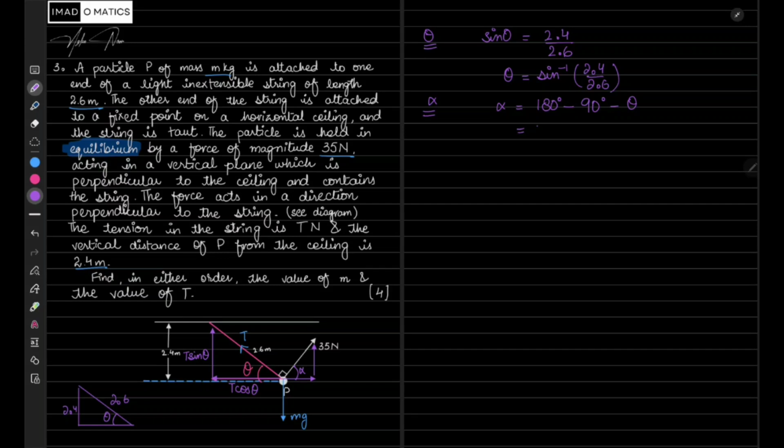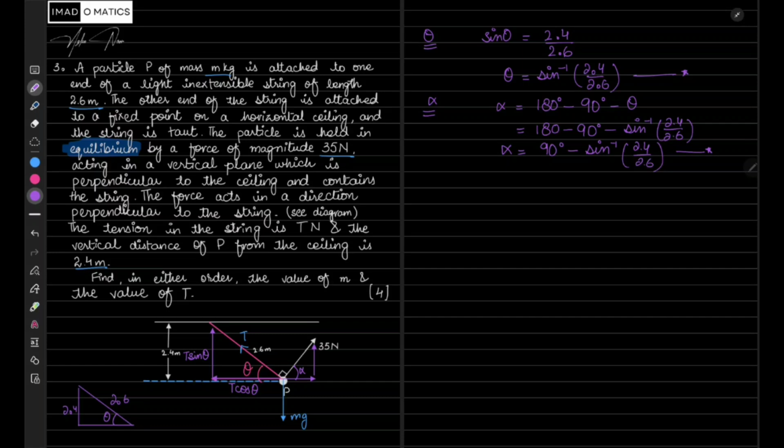Okay, and you can write it to be 180 minus 90 minus sine inverse of 2.4 over 2.6, or you can say 180 minus 90. You can solve just this one, 90 minus sine inverse of 2.4 over 2.6. So this is your alpha and this is your theta.